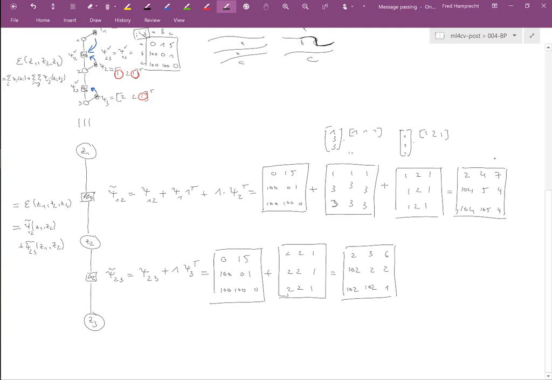So 1, 2. Yes, this one. And now element 1, 3 should be a 5. Right? Or 2, 3. What is it? Am I wrong? 2, 3 should be a 5. Yeah, 2, 3. Sorry, this element here is wrong. It should be a 5. Thank you very much.